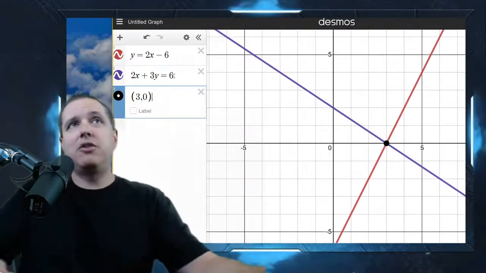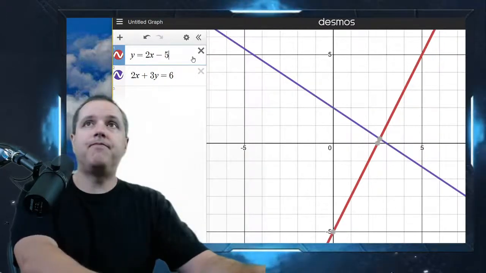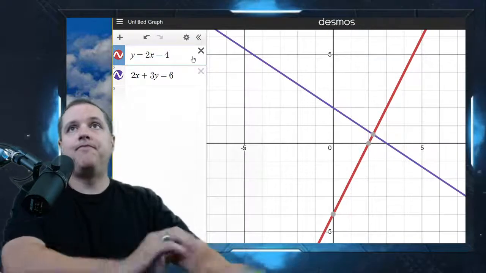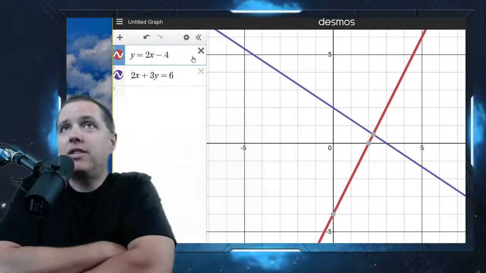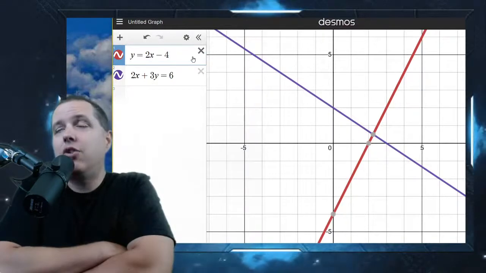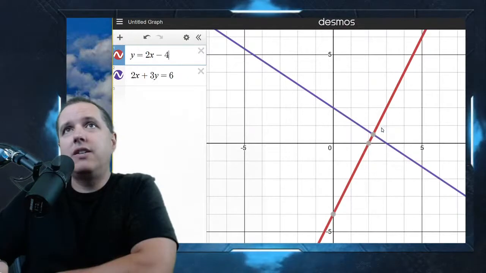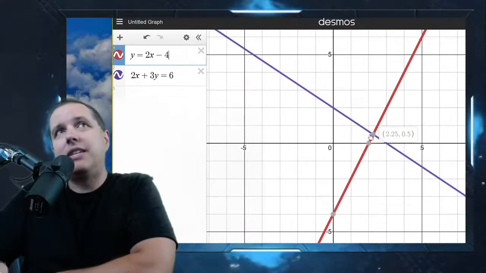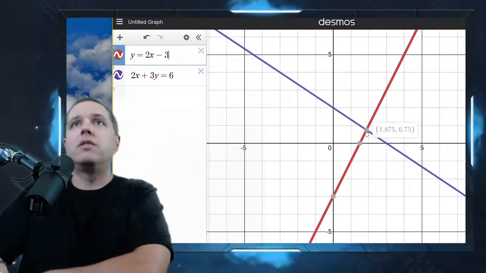But here's actually the main reason, the main drawback. See how, let's make it even more clear. Well, that's about the same. But notice how that point of intersection does not land perfectly on a grid line. Even if I hover over this, it's going to give me an estimate. In this one particular case, let's make it look like that.